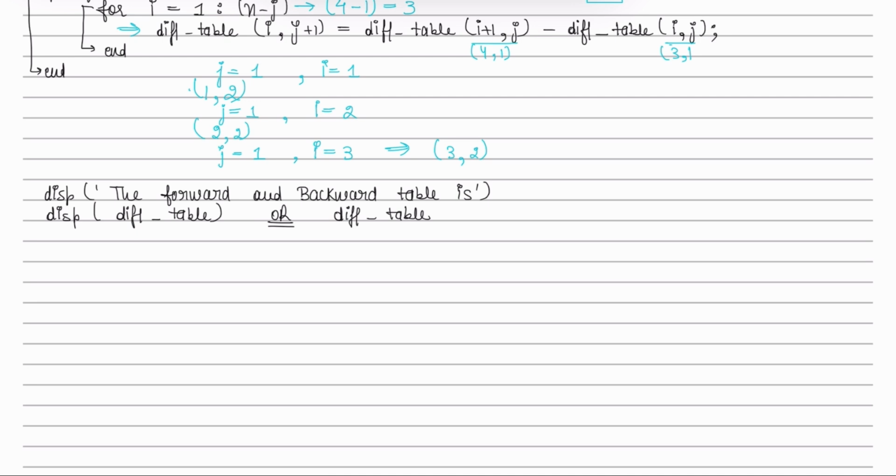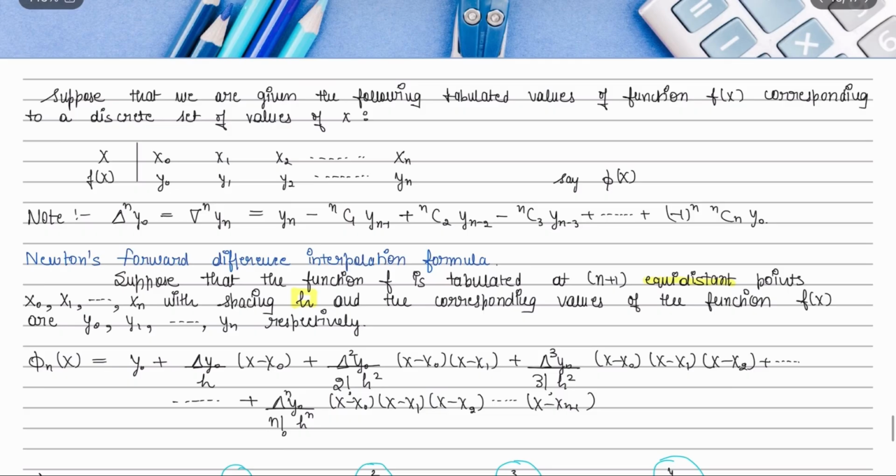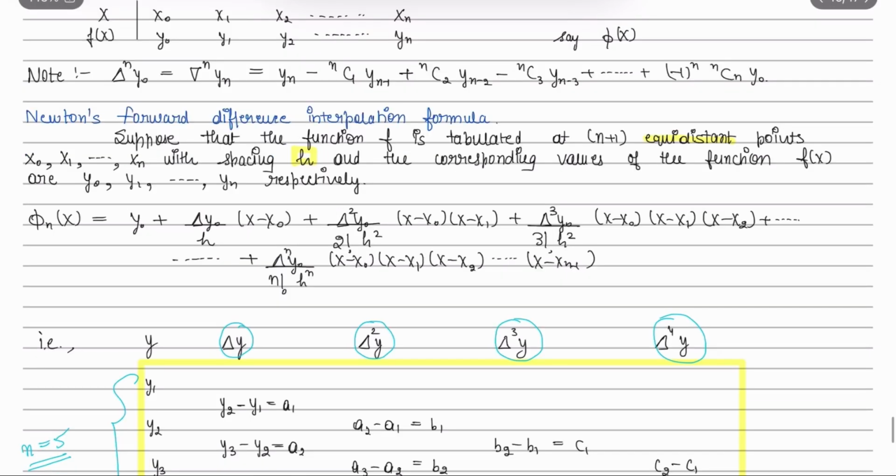Till now we have the values of x, the values of y, and their corresponding difference table. The next thing we have to calculate is the polynomial, and for the polynomial we used this as p.